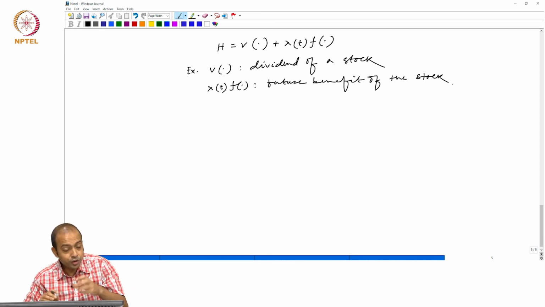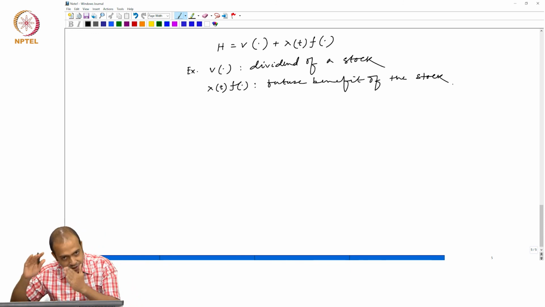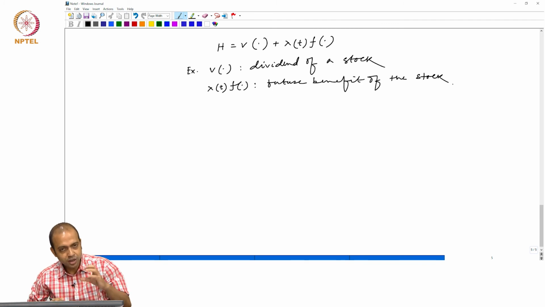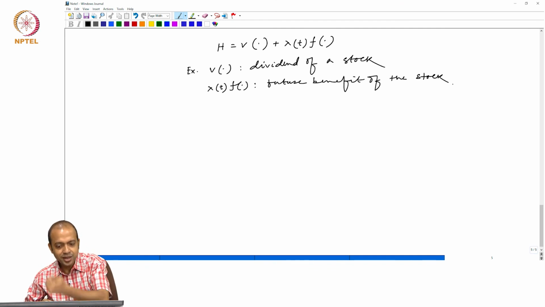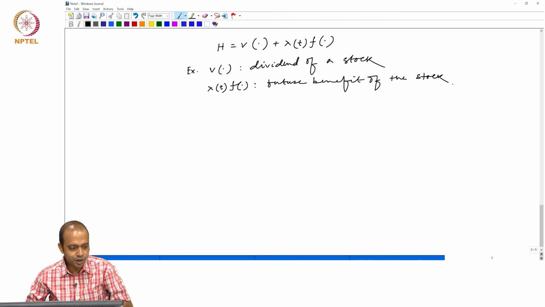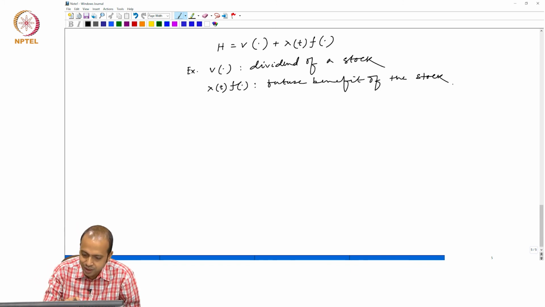So that means if I do not sell the stock today and keep it for next month, next month I will get some value for this stock. That is called future benefit. While keeping the stock with me, I am enjoying dividend as flow benefit, and at the end there is some benefit which is called future benefit. So future benefit is denoted by lambda T F dot, which you can think of as preservation benefit, instead of using the resource today.